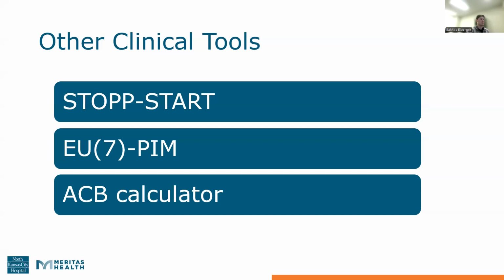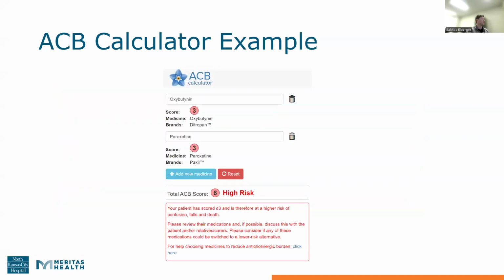And then the ACB calculator. I had never heard of this one before I started making this presentation, so it's an interesting one. It stands for anticholinergic burden calculator. I was playing around with it and included one screenshot that I'll show you here.